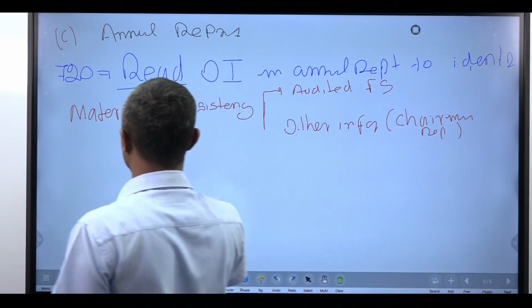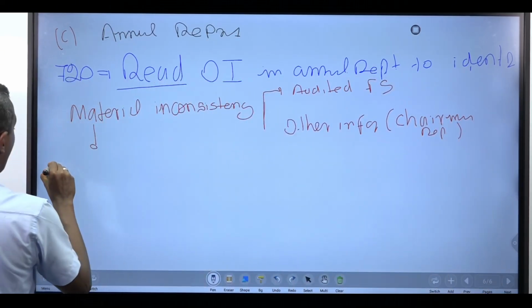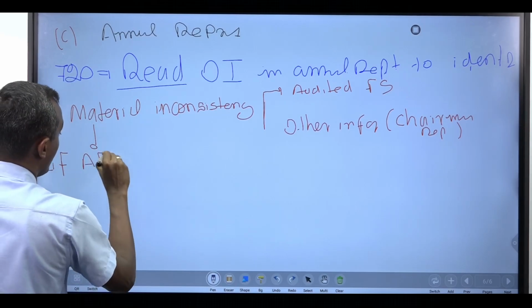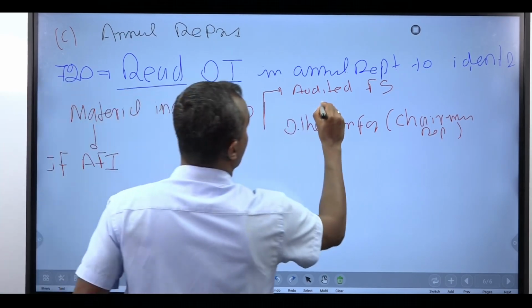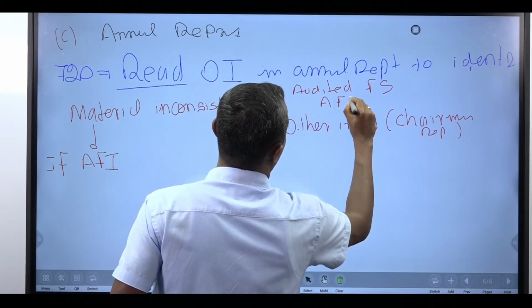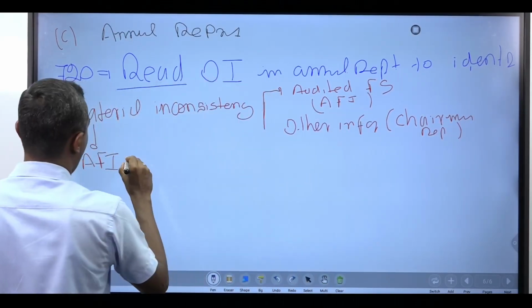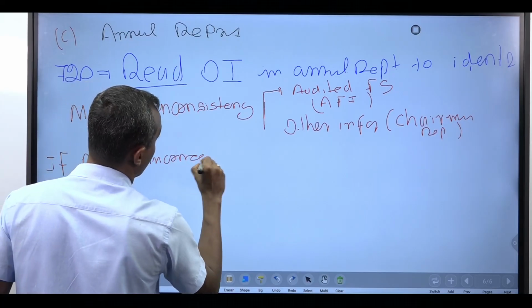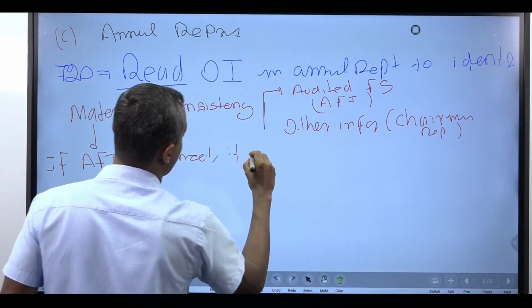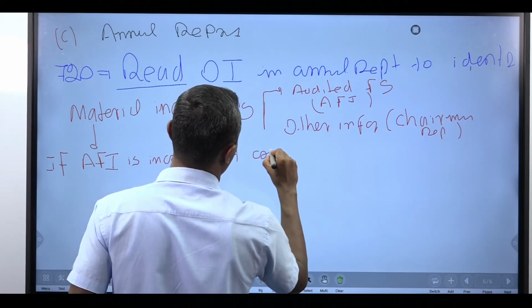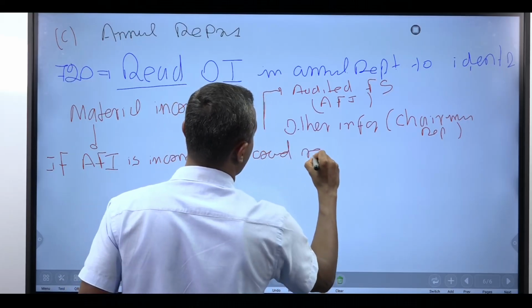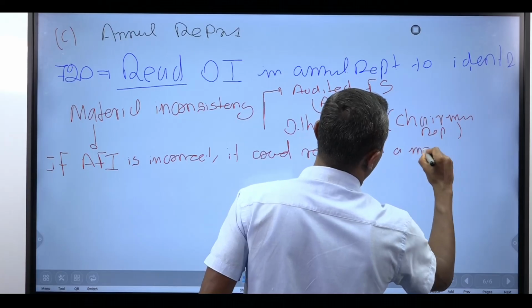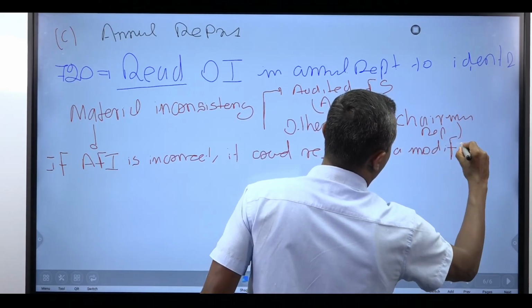Then based on this, if the audited financial information is incorrect, if it is established, right, it could result in a modification of the opinion, a qualification.